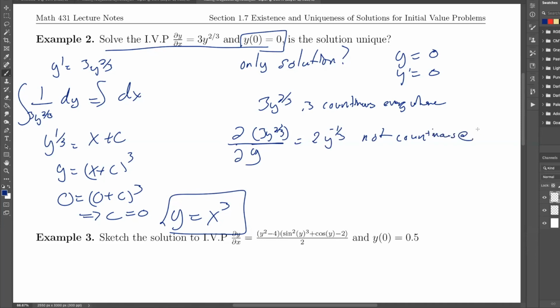So at 0, this isn't continuous, right? When I plug in 0 for y, it doesn't work, right? So this is no longer continuous, therefore this is not unique. Uniqueness does not hold.